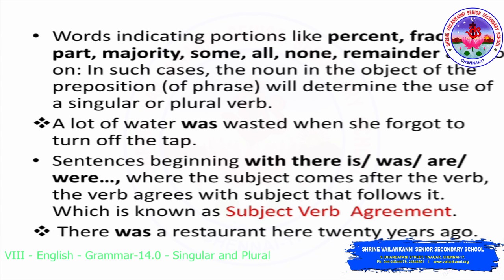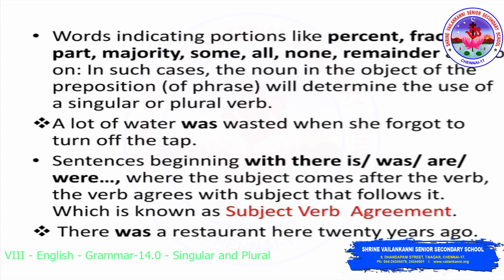So what is the object here? Tap is the object. Okay. And she is the subject. Was is the verb. And what is wasted here? The water. A lot of water. Again, I'm giving you a portion. I'm just saying a lot of, maybe a majority of water, or all of the water. So I'm just giving you: a lot of water was wasted when she forgot to turn off the tap.